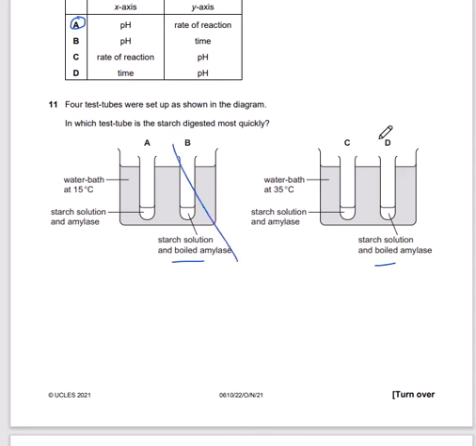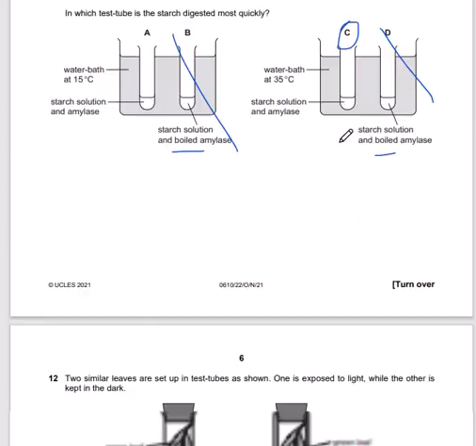So we're rejecting B and D. And as you know, as heat increases, kinetic energy increases, causing particles to move faster, causing the enzyme and the substrate to collide more often, making them form an enzyme-substrate complex, and it forms a product at a faster rate. So a higher temperature causes a faster reaction. C.